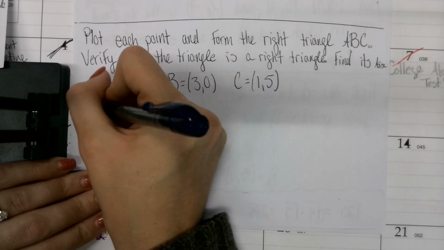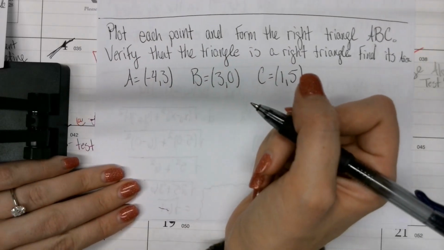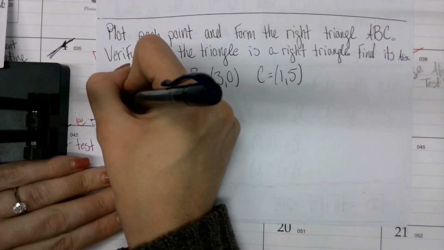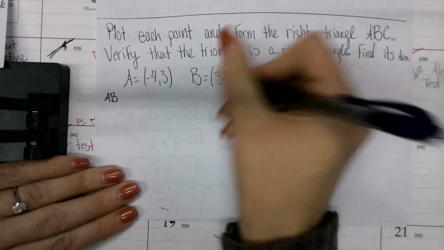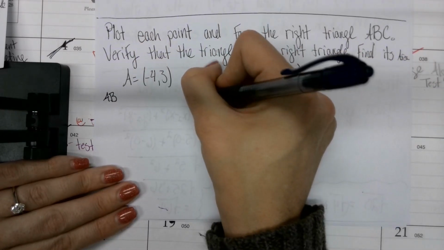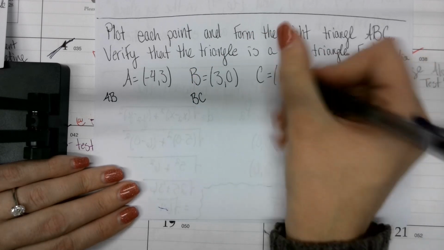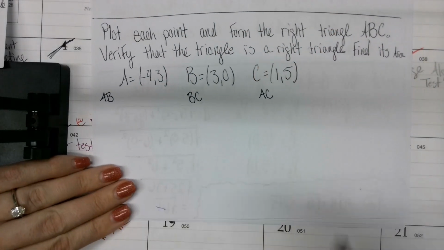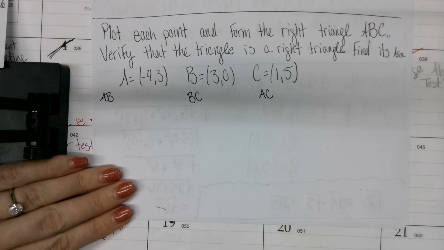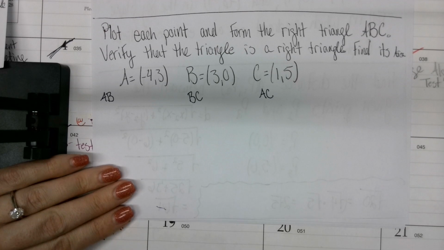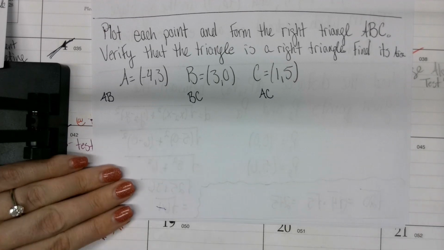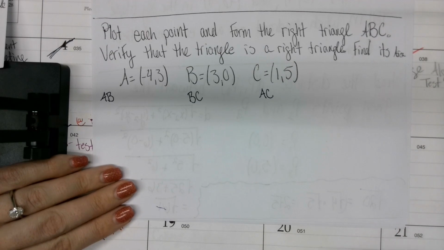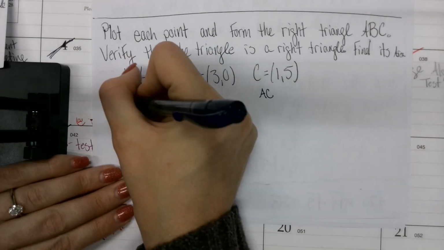So what we have to do to verify that this is a right triangle is we're going to need the distance between A and B, the distance between B and C, and then the distance between A and C. So we're going to use that information to determine if it actually is a right triangle using the Pythagorean theorem, a squared plus b squared equals c squared. And then once we figure it out, we're going to find the area of that triangle.